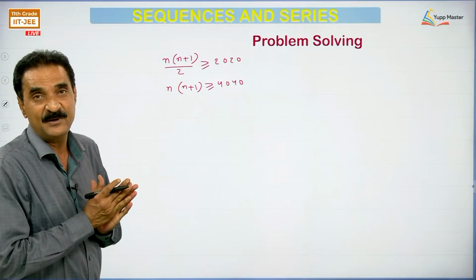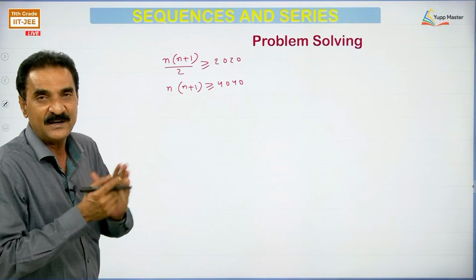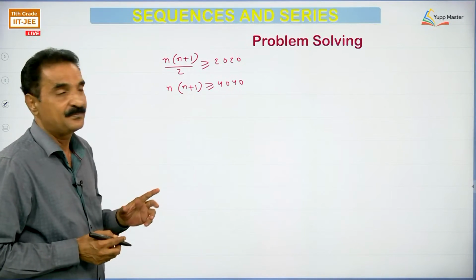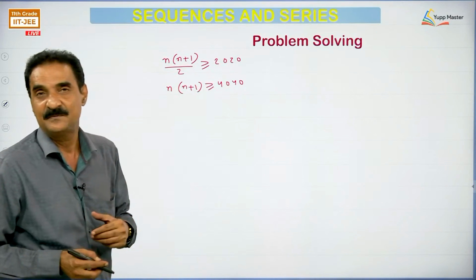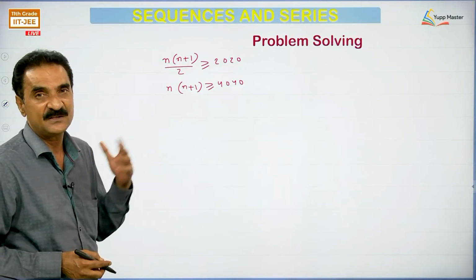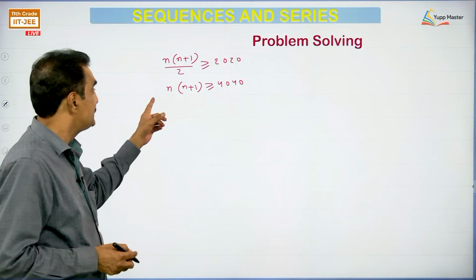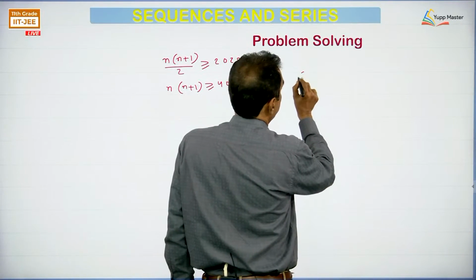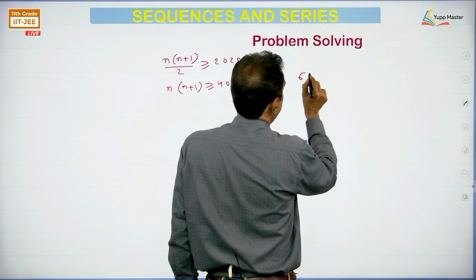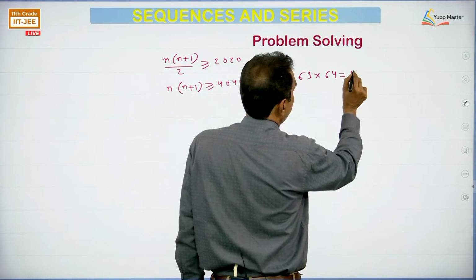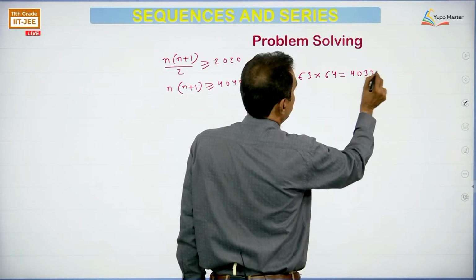So n should lie between 60 and 70. Now let us go one by one. If you take 61 into 62, it will not cross 4040. If you take 62 into 63, it will not cross 4040. 63 into 64, if you calculate, you will get 4032.